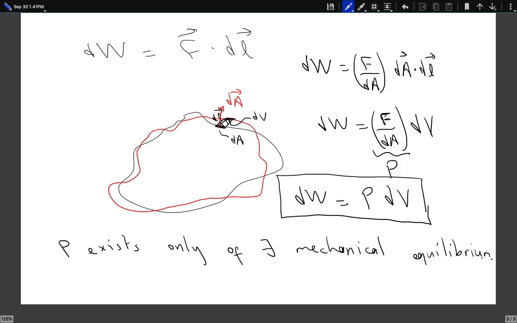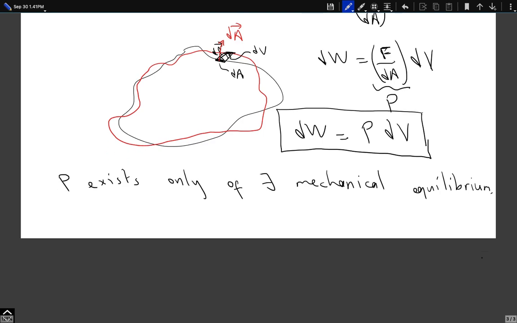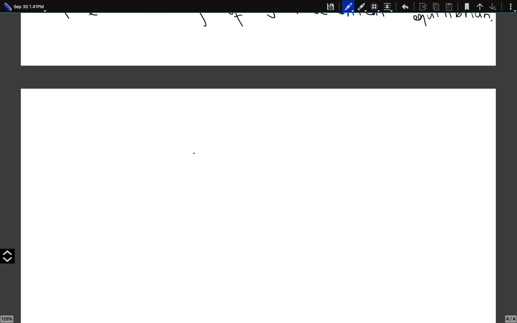Or if the system is changing with time sufficiently slowly, then you can define the pressure at a given point at a given time. But let me give another example where you cannot really talk about the pressure of the system.